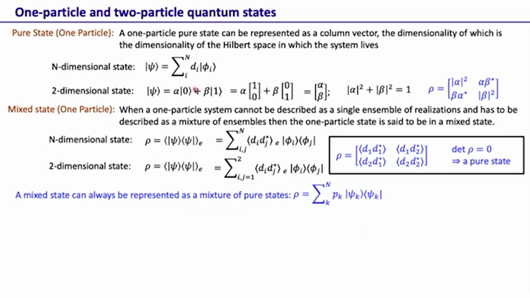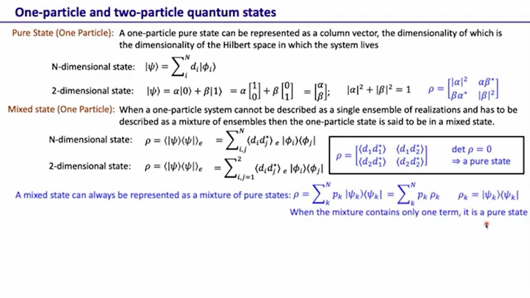For example, this psi is in this phi_i basis, but we can always find a basis in which rho can be represented as a mixture of pure states, or in fact, rho can become diagonal. So we can always find basis states in which rho can be written as a mixture of pure states, in this manner, where of course the individual density matrices are of pure states. Now when this mixture contains only one term, then it is of course a pure state.